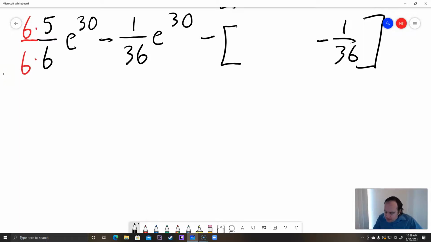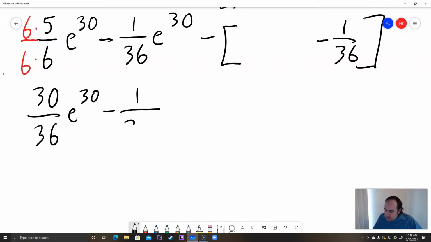So on the top we get 6 times 5 is 30 over 36 e to the 30th. And then we have minus 1 over 36 e to the 30th. And then over here, this minus and that minus cancel out. So we're just going to be adding 1 over 36.